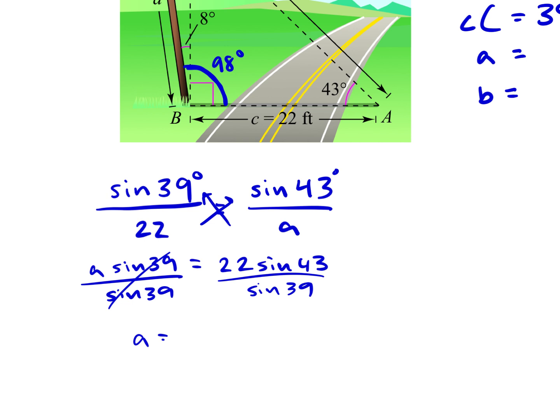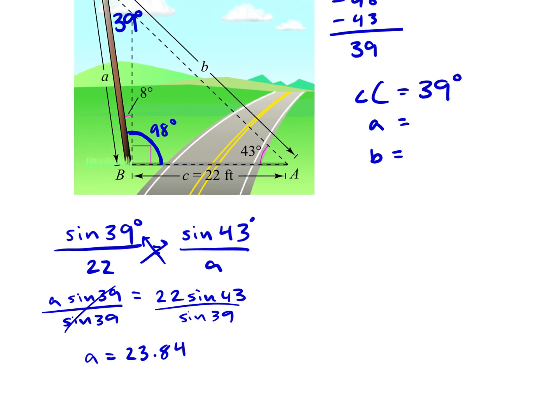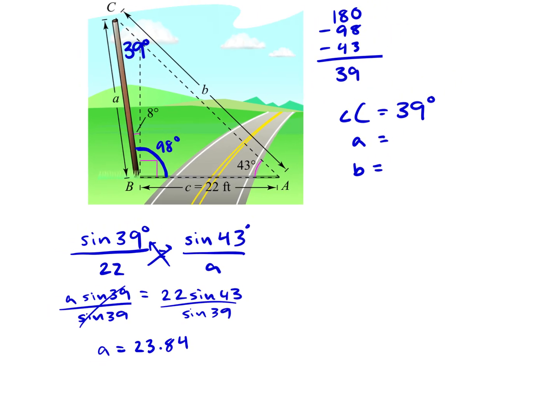Then we're going to divide that by the sine of 39. So A is 23.84. 23.84 what? Feet. We're talking about feet here.